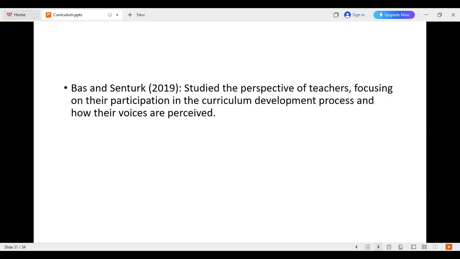Parsons Centuric studied the perspective of teachers, focusing on their participation in the curriculum development process and how their voices are perceived. That is a new trend. Traditionally, what we do is there is an expert panel.